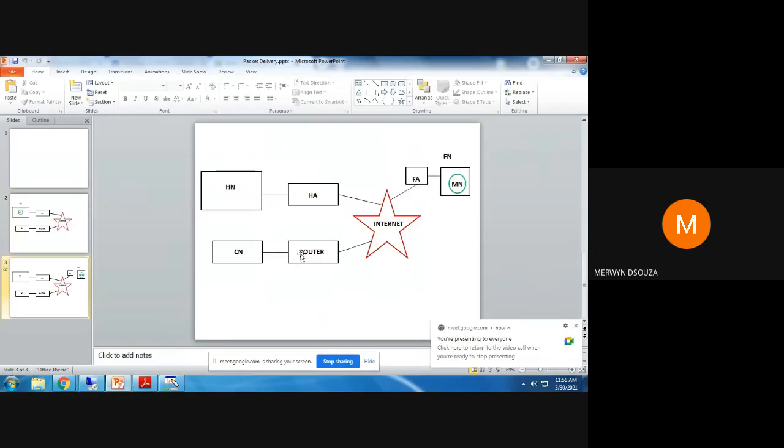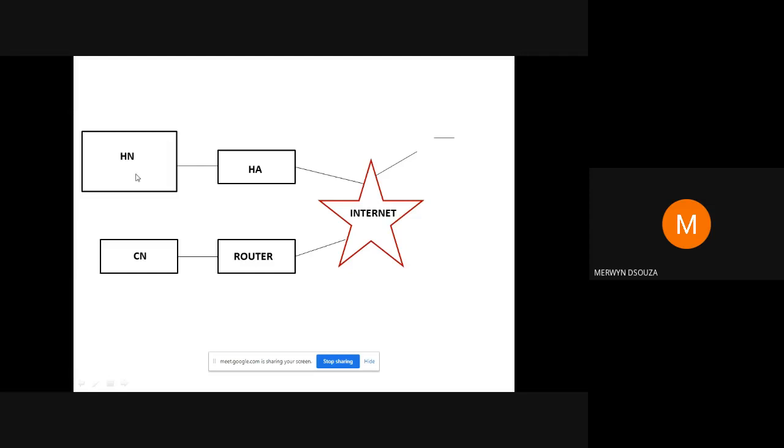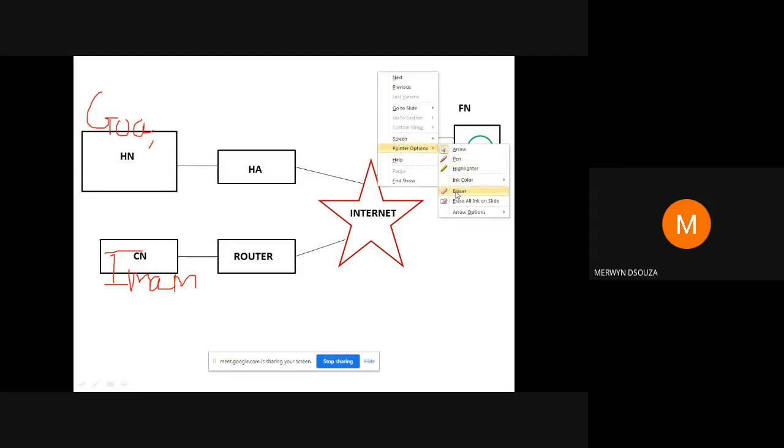So in the second case, let's assume your MN, let's go back to the earlier example where this was Imam, and your Yash, this was Goa we had said, is now moving. He is going for some holiday, so he is going to some other place, say Mumbai.